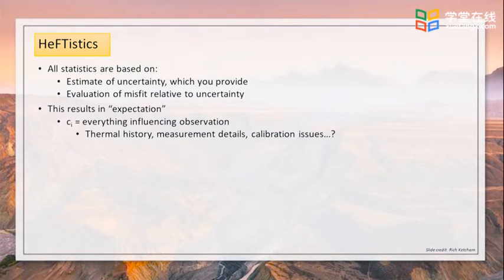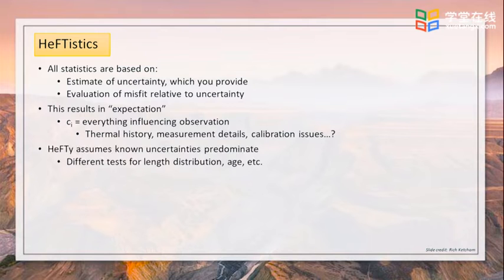In detail, this result in expectation could be expressed as C1 equals everything influencing your observation: the thermal history, measurement details, and calibration issues, etc. HeFTy assumes known uncertainties predominate. There are different tests for length distribution, age, etc.